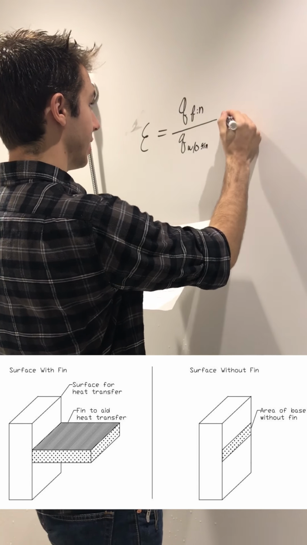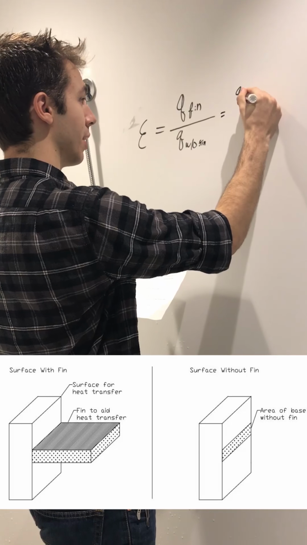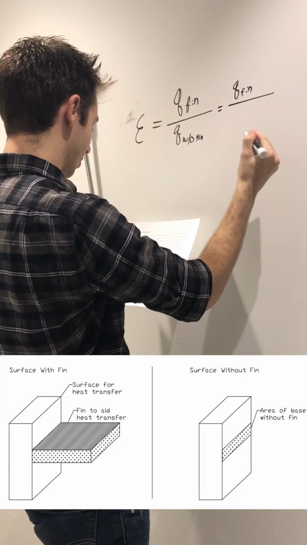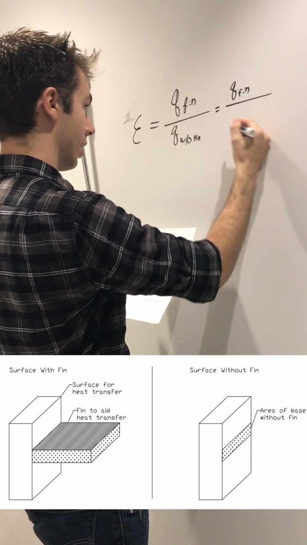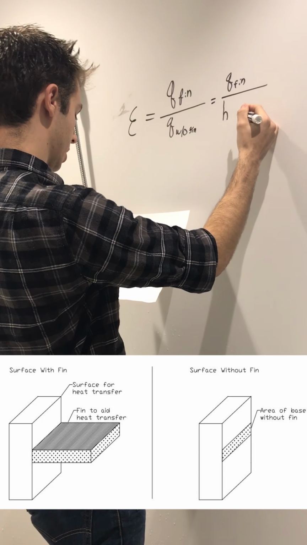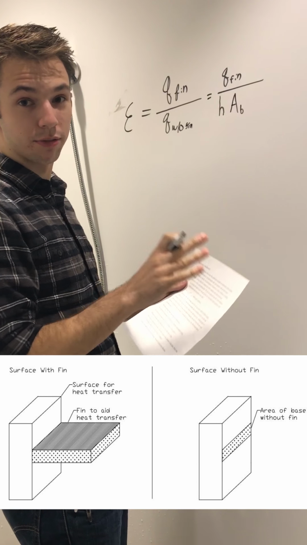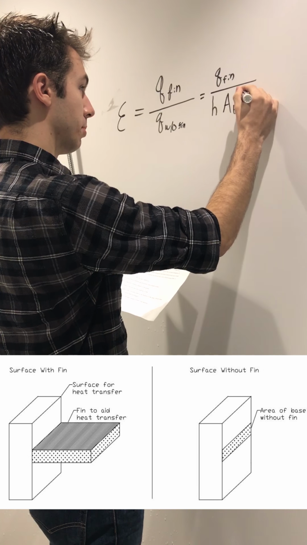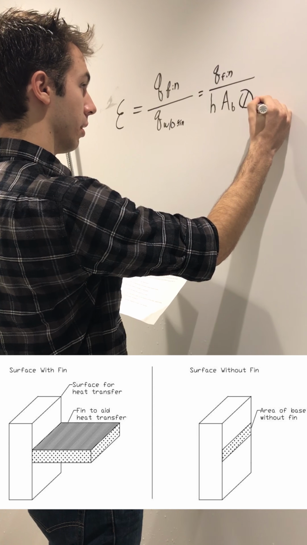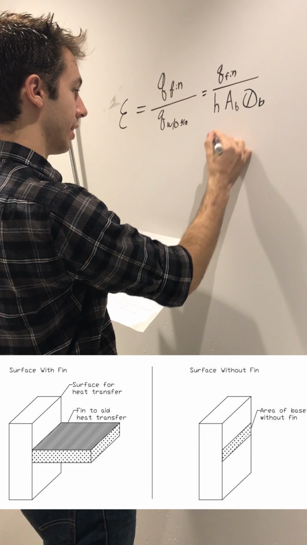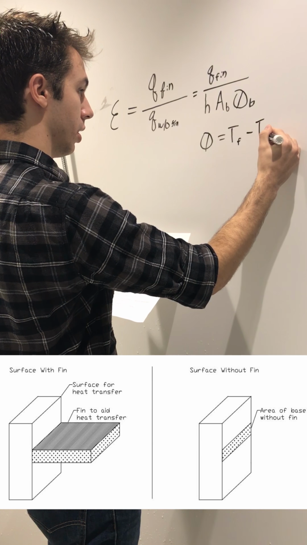Getting more mathematically into this, that would be our Q of the fin as calculated by those equations I mentioned earlier, divided by the heat transfer coefficient for our fluid times the area of the base, and that would be without the fin at all, multiplied by our theta of the base, and we will define theta as the temperature of the fluid minus the temperature of the base of the fin.